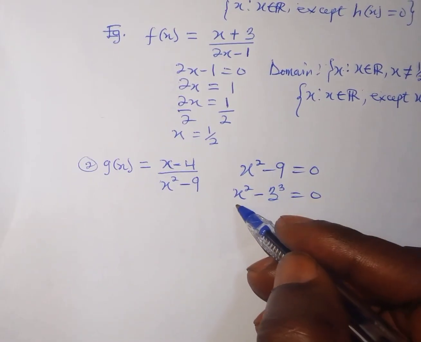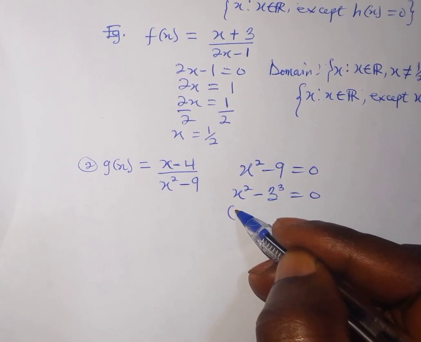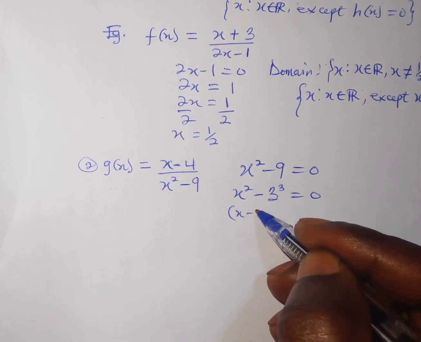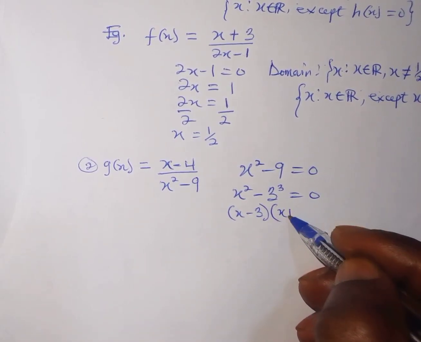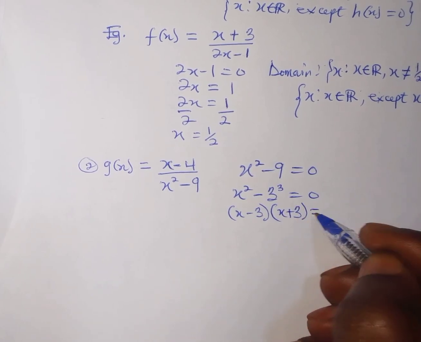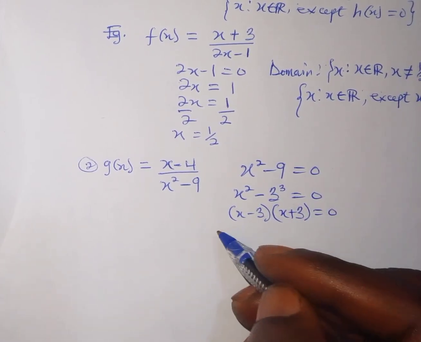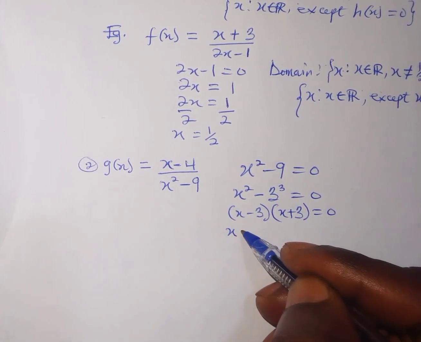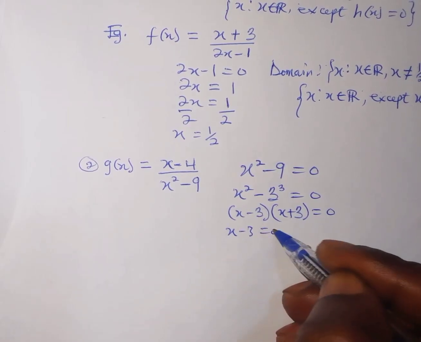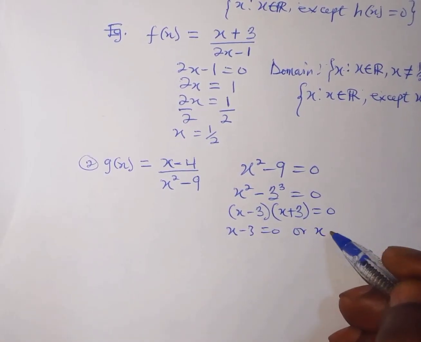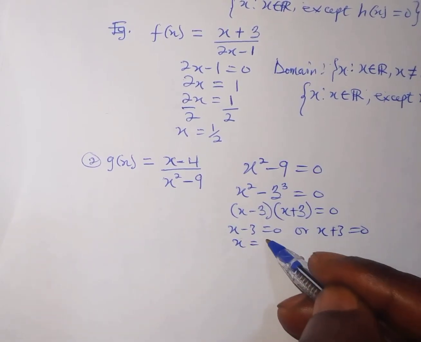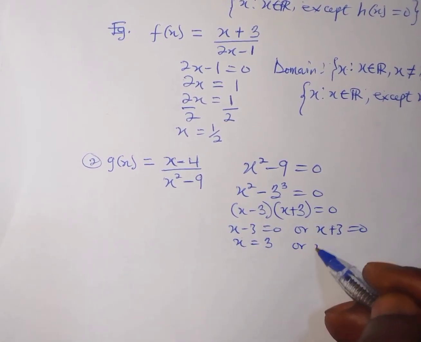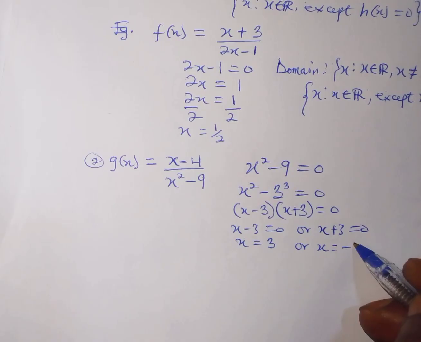Then I will have x minus 3 and x plus 3, which is equal to 0. So it means that I will have x minus 3 is equal to 0, or x plus 3 is equal to 0, where x is equal to 3 or x is equal to negative 3.